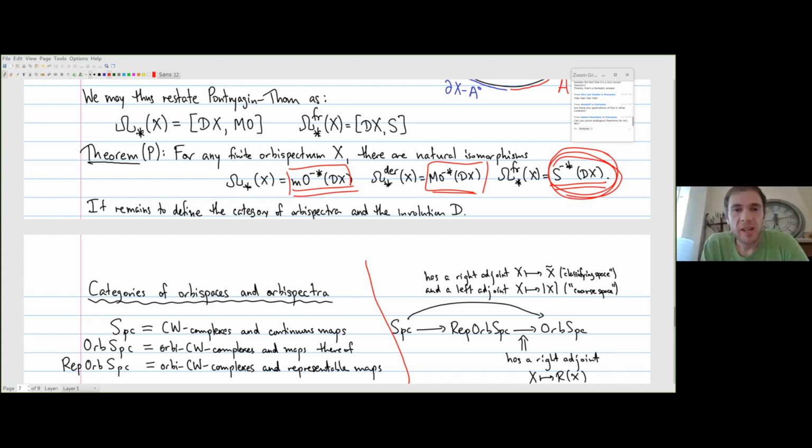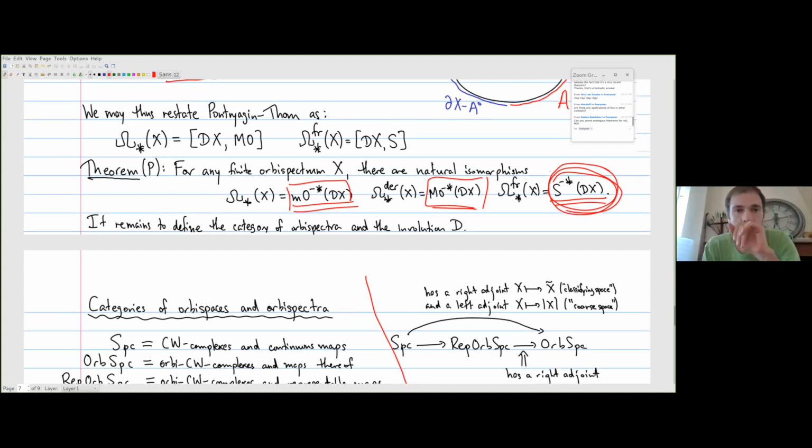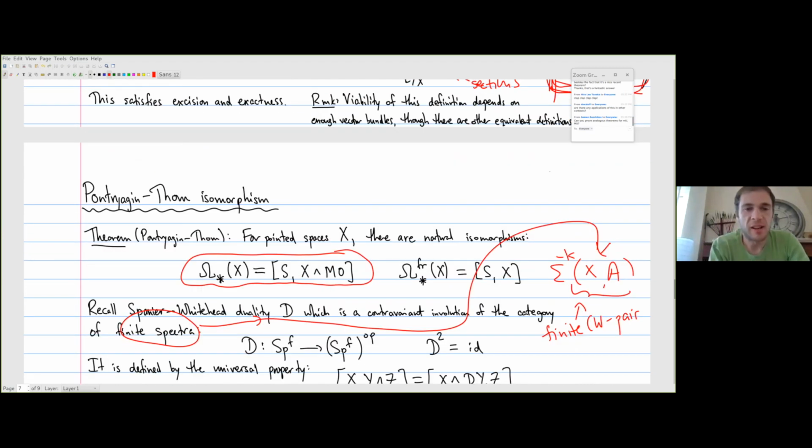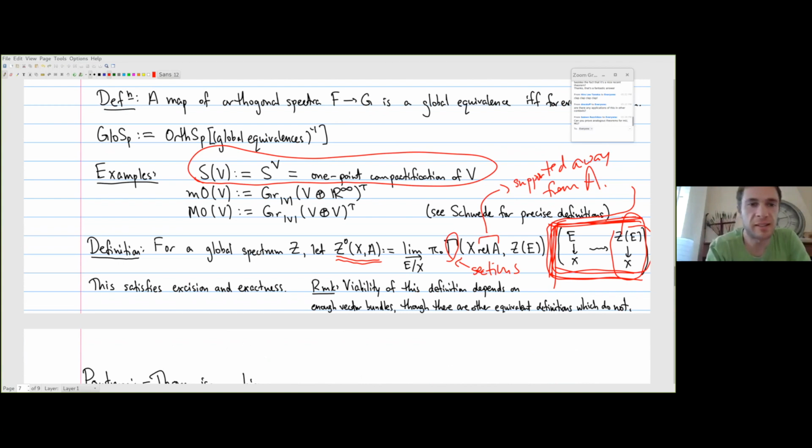So can I prove the same thing for MU or little mu? I certainly believe so. I was a little bit too lazy to try to write it down. Some of the problem is that Schwede defines these other global spectra, MU and little mu, which correspond to derived and ordinary stable almost complex bordism.